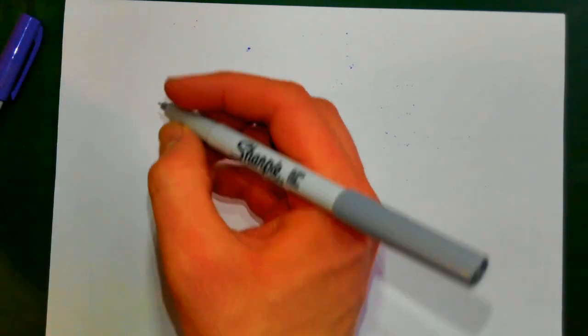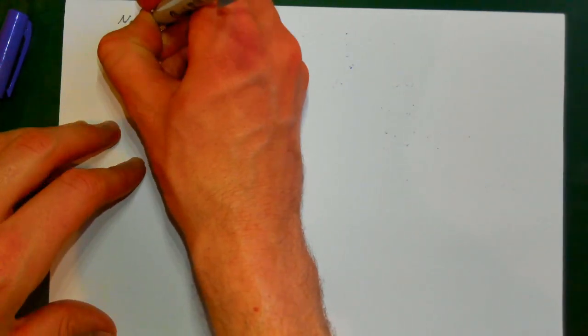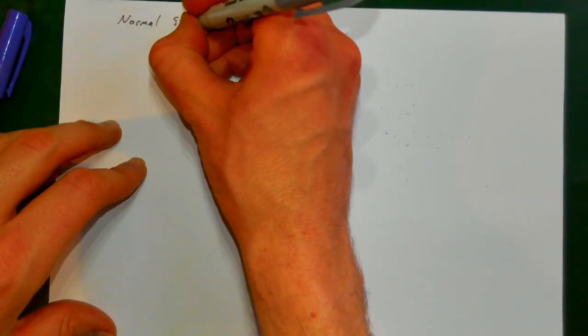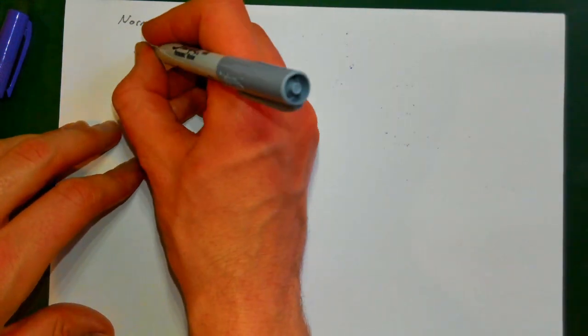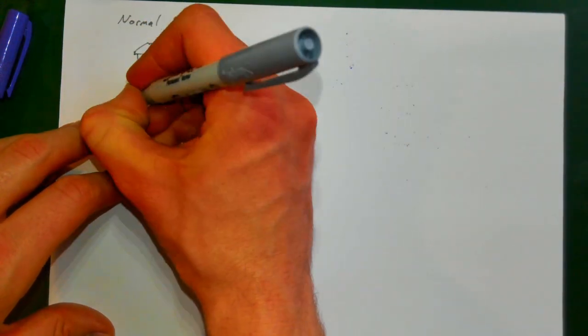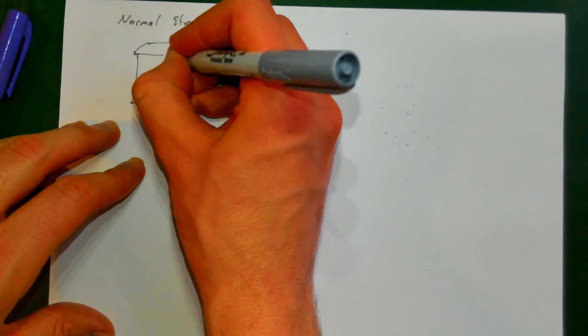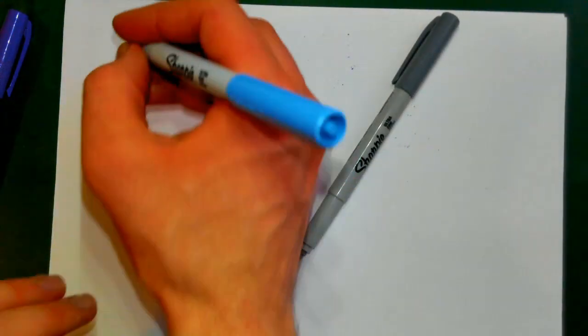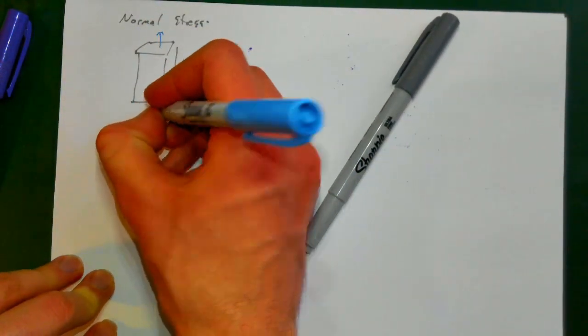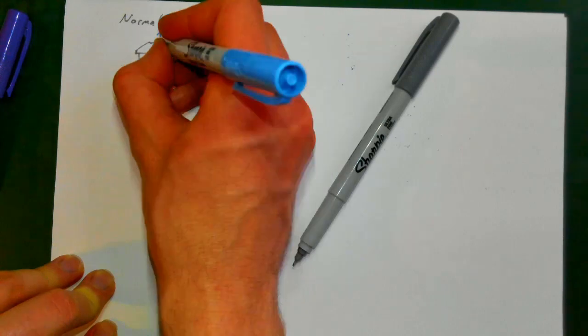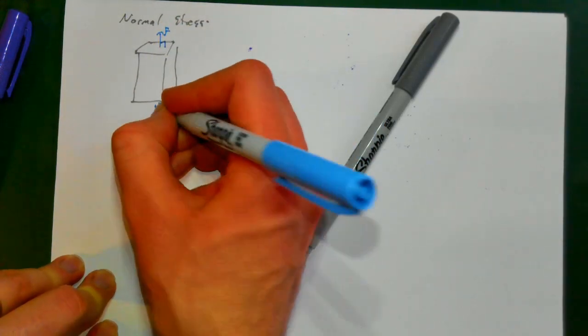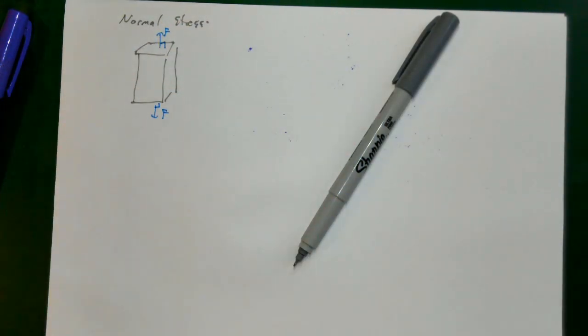So, when we talked about normal stress, we basically said, hey, I have some chunk of material and I'm applying forces perpendicular to the surface, right? These forces are perpendicular to the surface there.